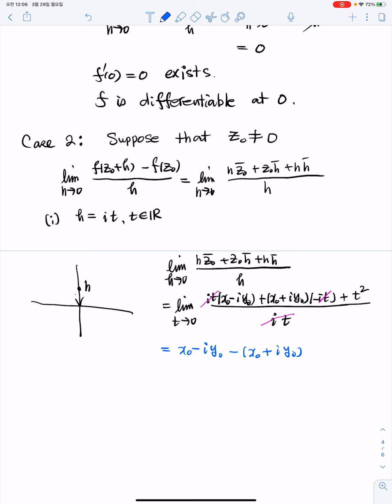I don't think I have a mistake. So that is z0 conjugate minus z0.